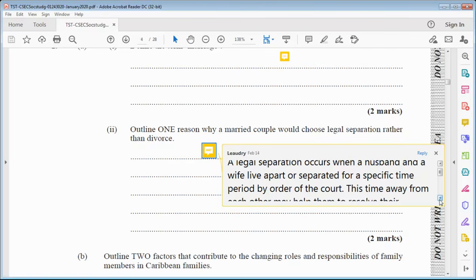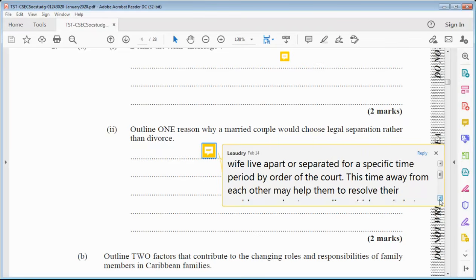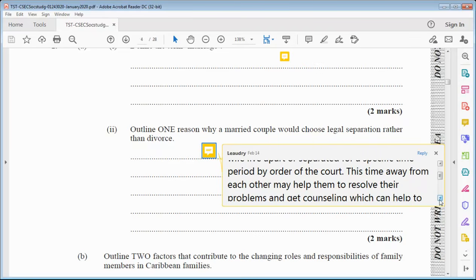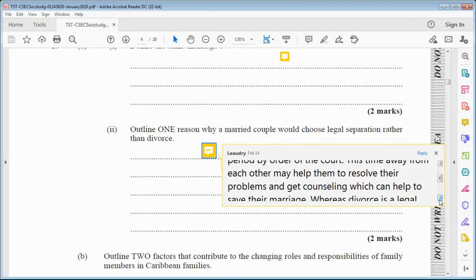Now, this time that this couple is away from each other can help them to resolve their problems, and they can get counseling which can help to save their marriage.